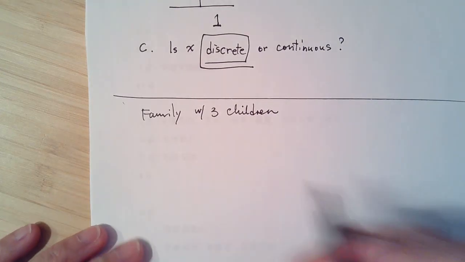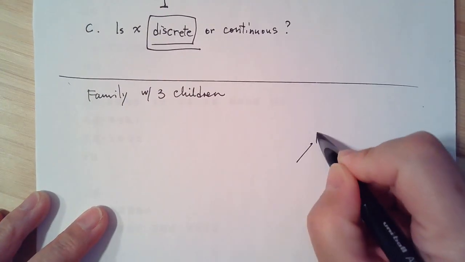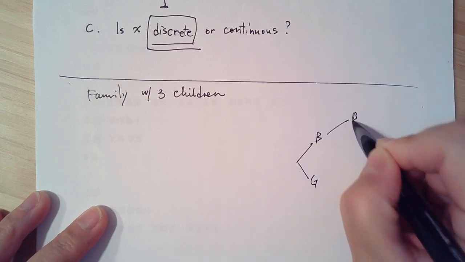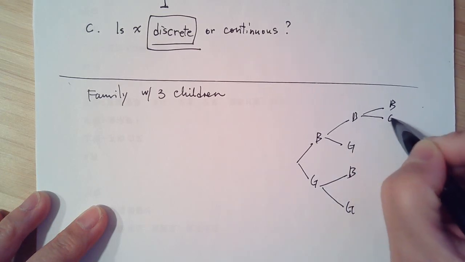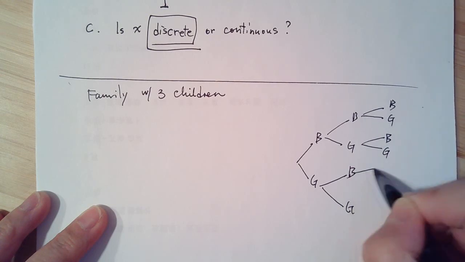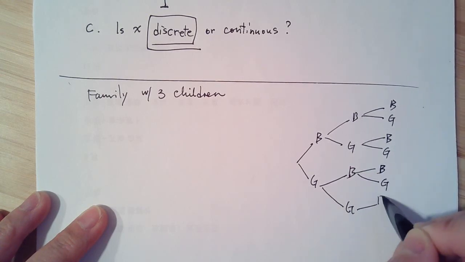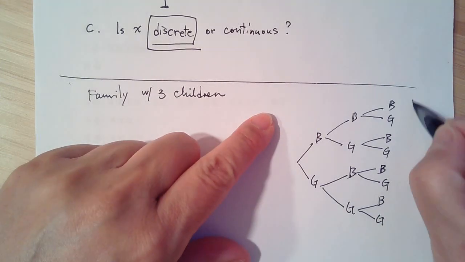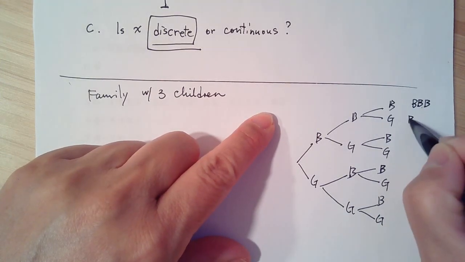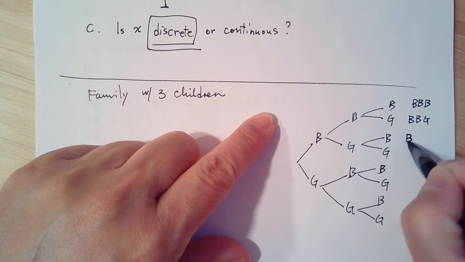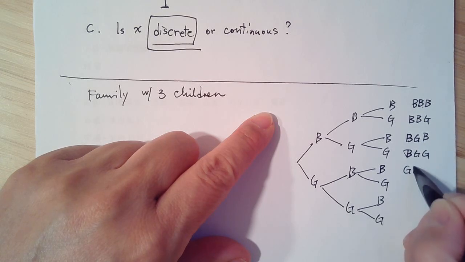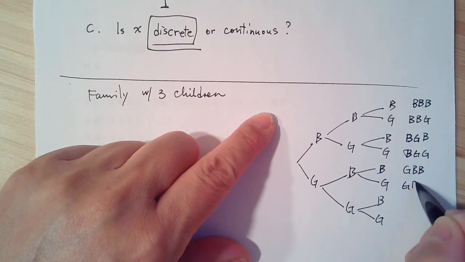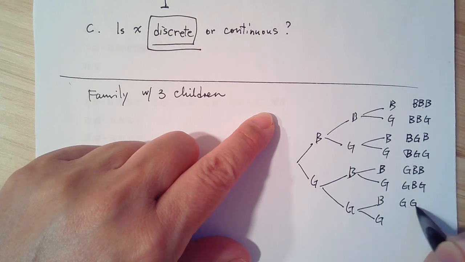So I'm going to list all 8 possibilities: boy boy boy, boy boy girl, boy girl boy, boy girl girl, girl boy boy, girl boy girl, girl girl boy, and girl girl girl. Each of them has a 1/8 chance.